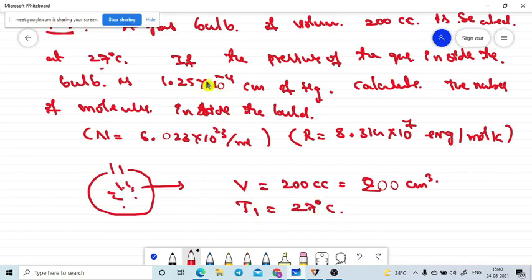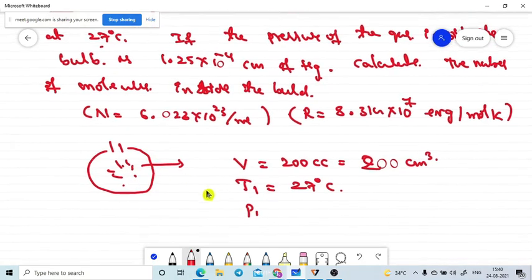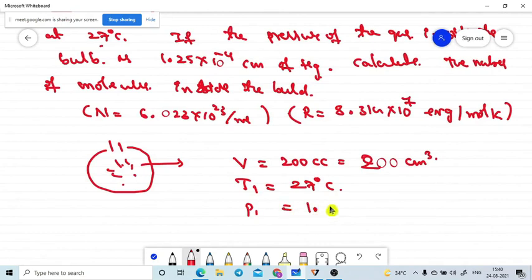The pressure of the gas inside the bulb is equal to 1.25 into 10 to the power of -4 centimeter of Hg. That is very, very important. Then they are asking to calculate the number of molecules inside the bulb.